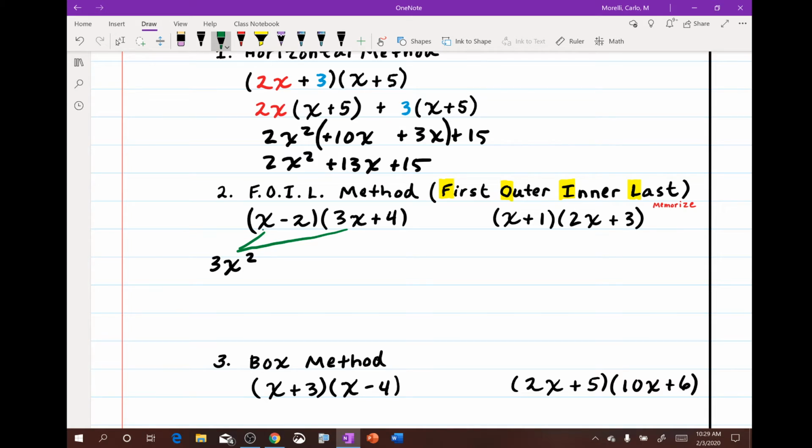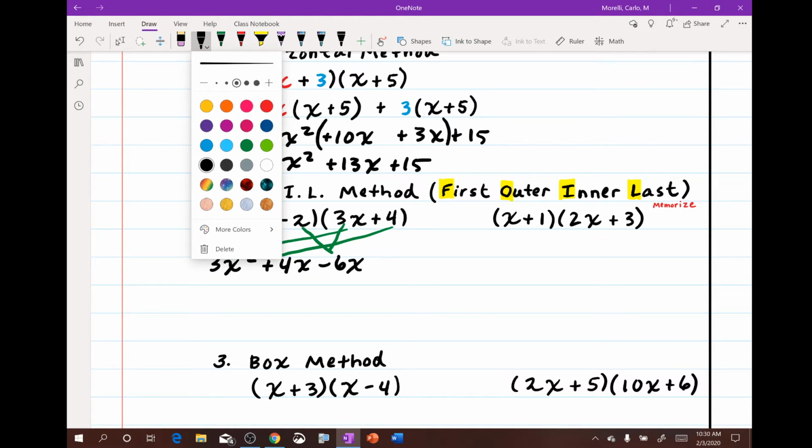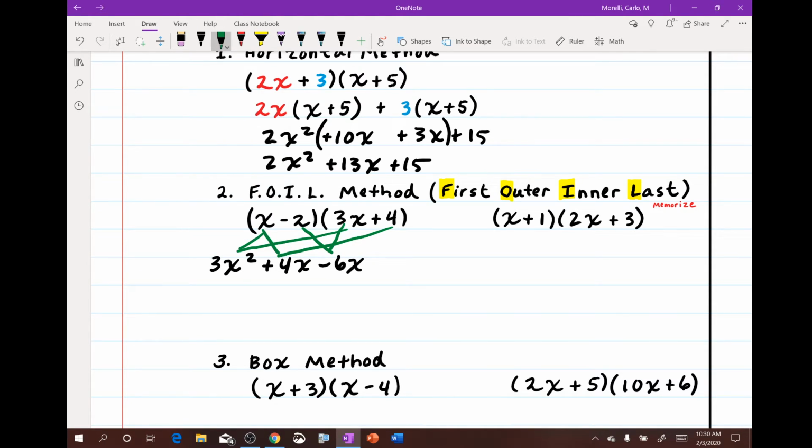Then you multiply the outer terms, x times 4, which is plus 4x. Then you multiply the inner terms, negative 2 times 3x, which is minus 6x. Then you multiply the last terms, which is negative 2 times 4, negative 8.